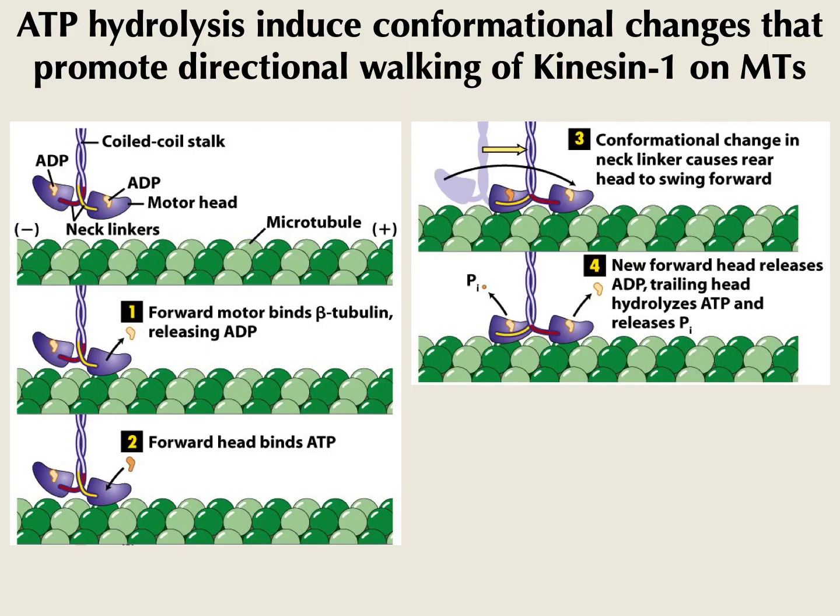You harness the energy of an exergonic reaction, hydrolyzing ATP, with an endergonic reaction, which is exerting force, having a movement. And the way this is achieved is through coupled conformational changes throughout this cycle. But just like for myosin, you don't have a direct coupling between the energy of ATP and the movement.